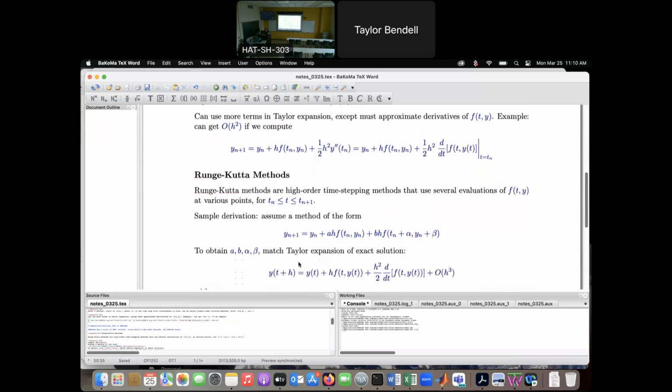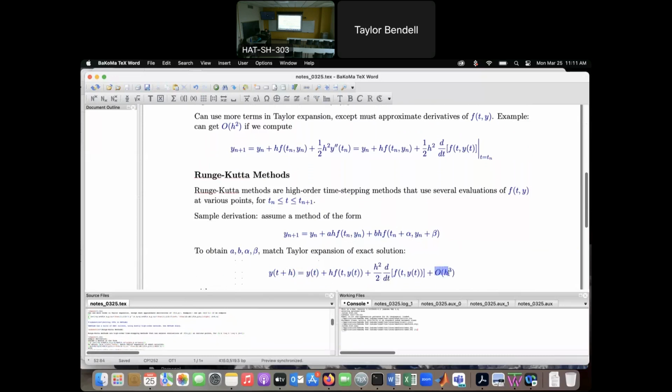So first, I take a Taylor expansion of the exact solution, centered at t, to evaluate y of t plus h. Think of this as tn and this as tn plus 1. Now I take my Taylor expansion out to the order h squared term.